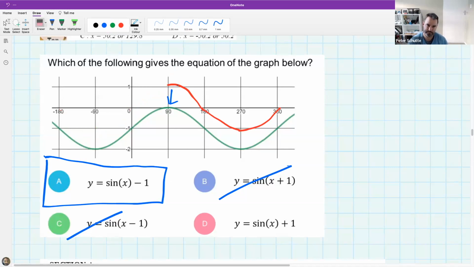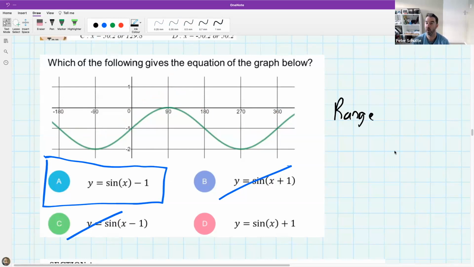Bonus question. What is the range of the green graph that you have here? What do I talk about when I talk about the range of a trig graph?